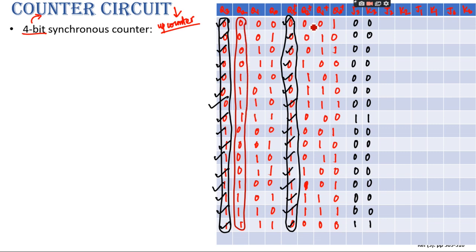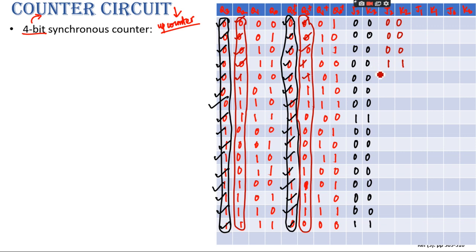So now we are comparing Q2 and Q2 plus. So 0 0 means no change, 0 0 means no change, 0 0 means no change, 0 1 means change, so it should be in toggle mode.